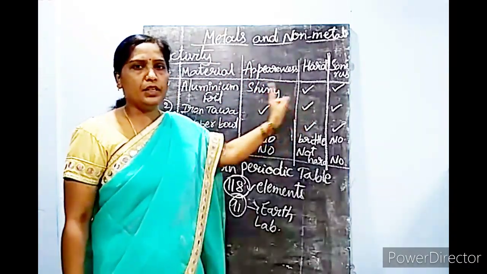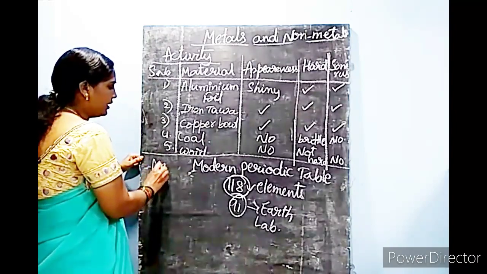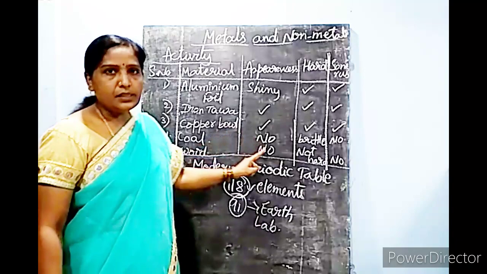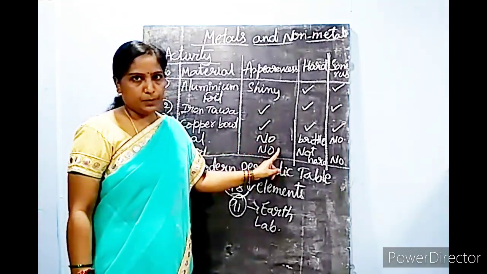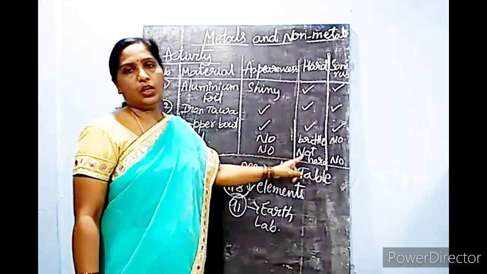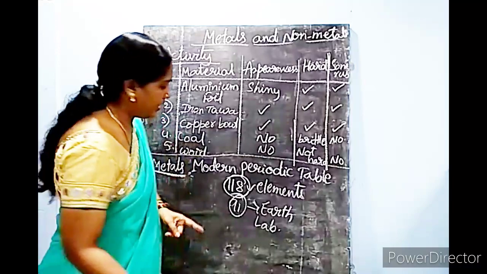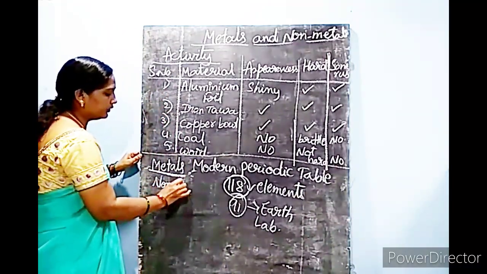Those all come under the metals group. And the other materials which do not show the shining property, are not so hard and not sonorous, those all come under non-metals.